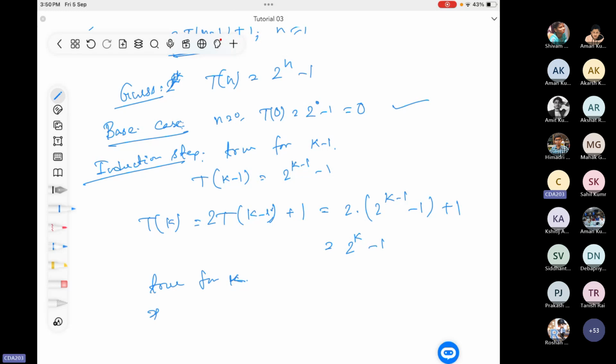So this implies that the solution is tn equal to 2 to the power n minus 1. So that means the running time will be some order 2 to the power n. Okay.